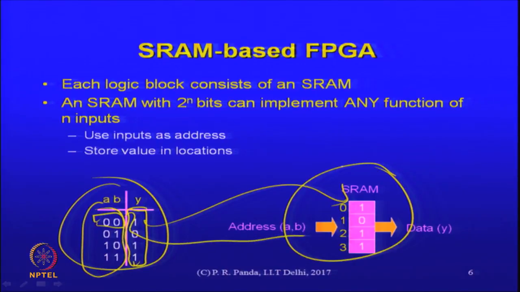The whole thing is just combinational logic. It's realized using sequential elements, memory elements, but there is nothing fancy here. The 2-bit address AB to the SRAM structure corresponds to the input, and in the corresponding location we store the appropriate bit, whatever the truth table says.